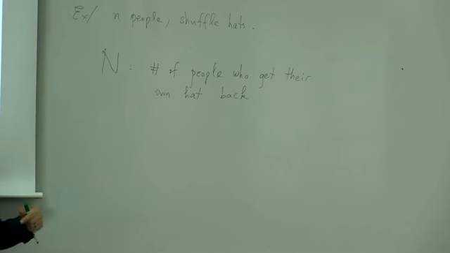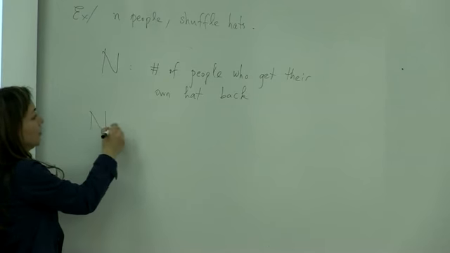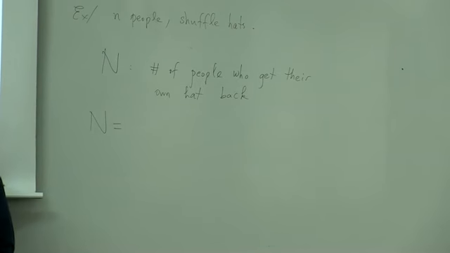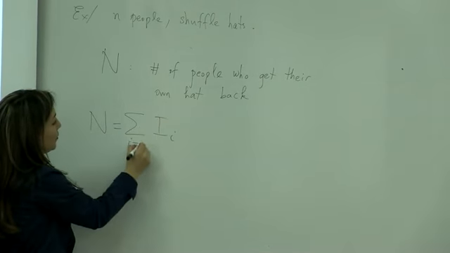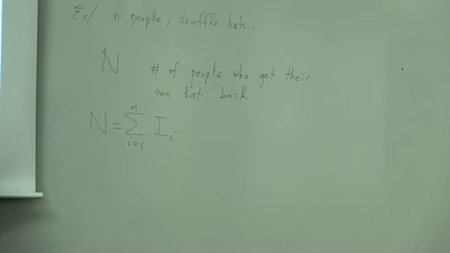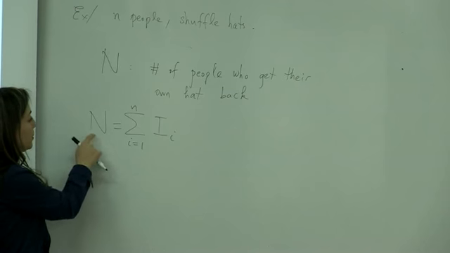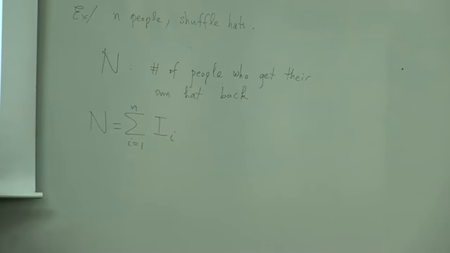N is defined in terms of the I_i's. How? N is, I'm really expecting you guys to tell me this, the sum of I_i's. Very nice. Summation of I_i from 1 to n. This is the whole reason we're using the indicator function, because in this case, I can represent what I'm interested in in terms of the indicator functions, which makes life very easy.